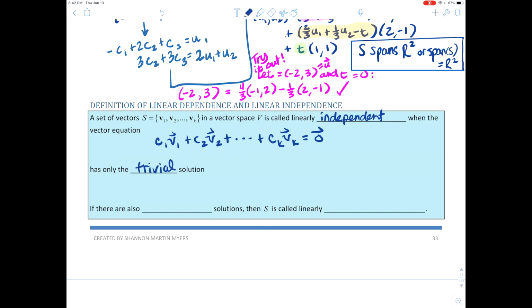Remember what that was? You get all zeros for the coefficients here. So C1 equals C2 equals ... equals CK equals 0. So you get an n-tuple with zeros for all the components. So if there are also non-trivial solutions, then S is called linearly dependent.